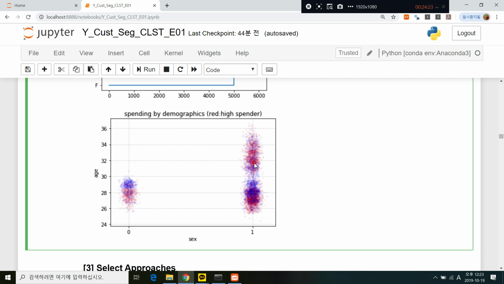Getting older in the female customer group, the spending is increasing. But if it's less than 27 or somewhere, in the female customer group, the good spenders, high spenders are here. Okay?